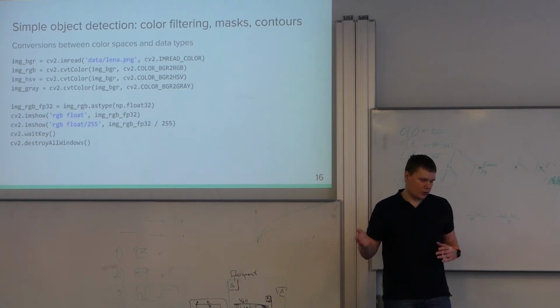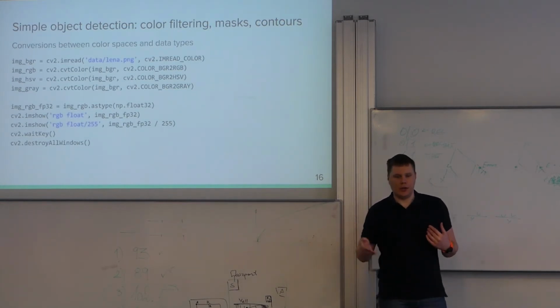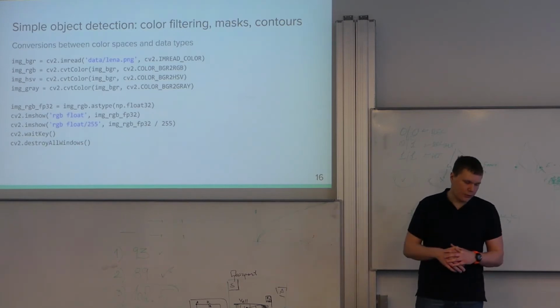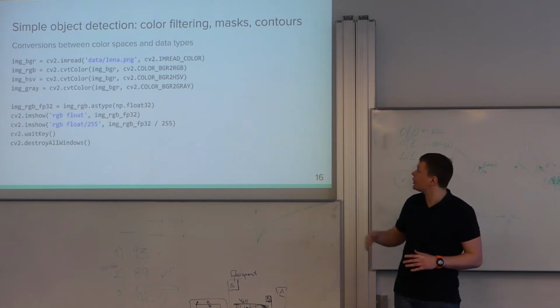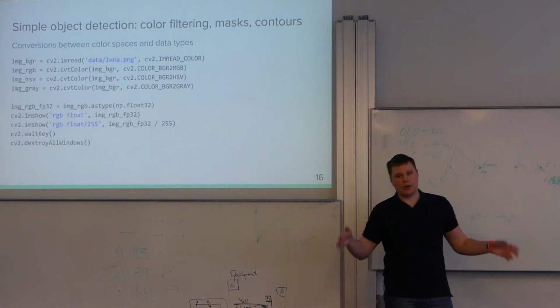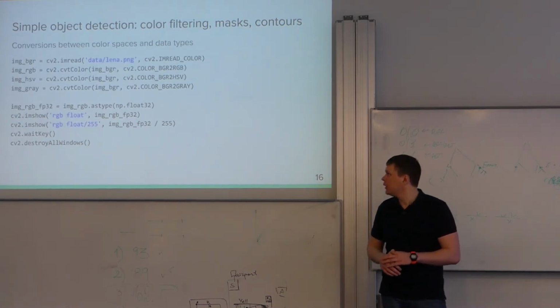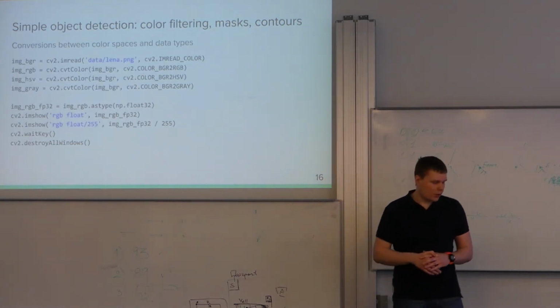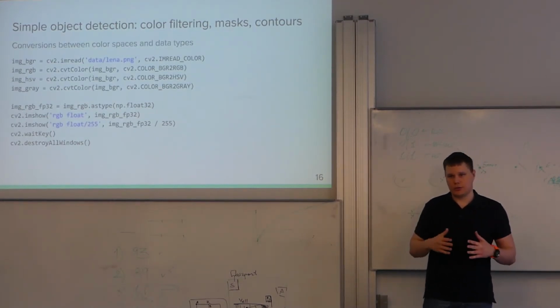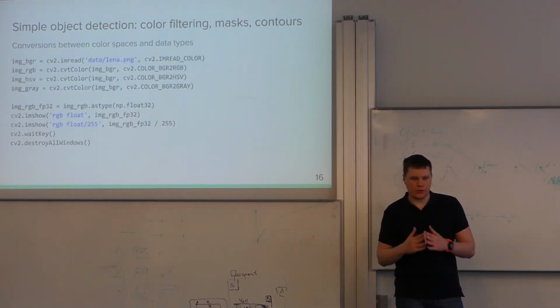For example, we can swap the B and R channels with the cvtColor function, with the parameter COLOR_BGR2RGB. Also, many other color spaces are available, for example the HSV color space, and we can convert to grayscale to merge all channels and have only intensity information.